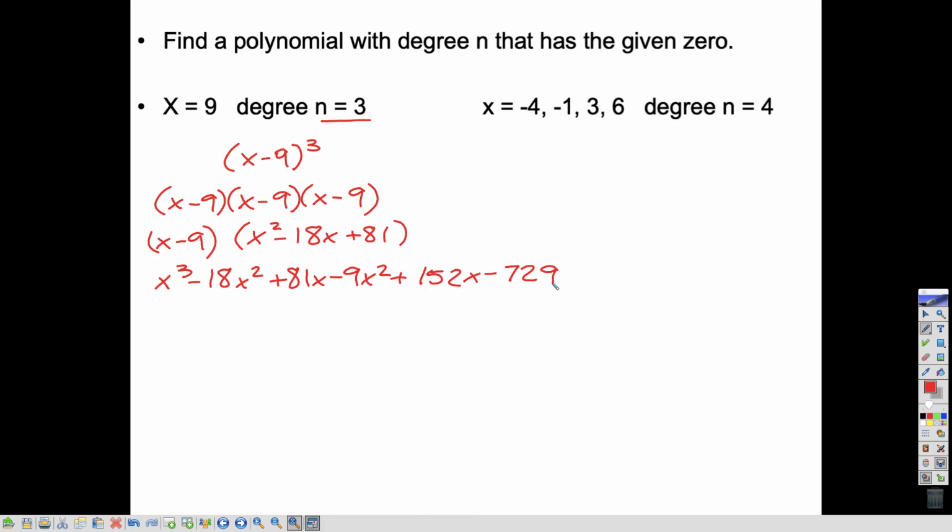Are things like that going to be on our assignment? Yeah. So I got x cubed, negative 9x squared, now I got 27x.